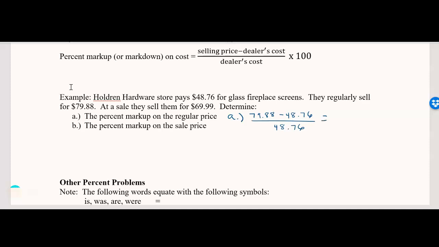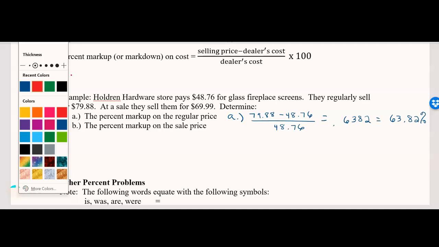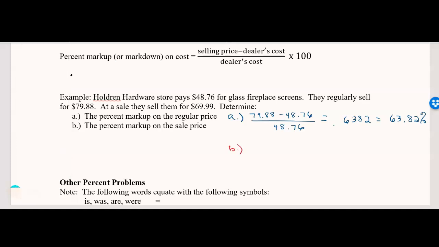This is just numbers that you're going to punch right into your calculator, and we get 0.6382, which means it was a 63.82% markup. But what is the markup for the dealer if he puts it on sale? That's going to be part B. Take the sale price, $69.99, minus again what he paid for it, divided by what he paid.